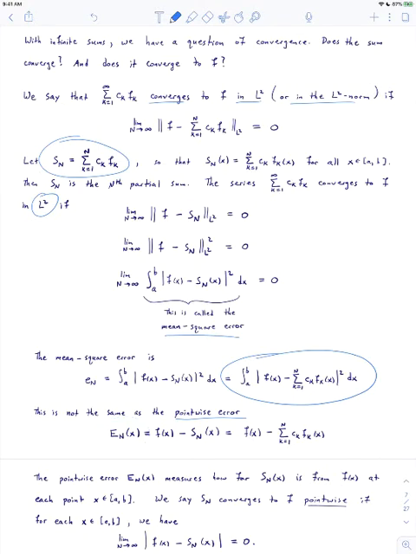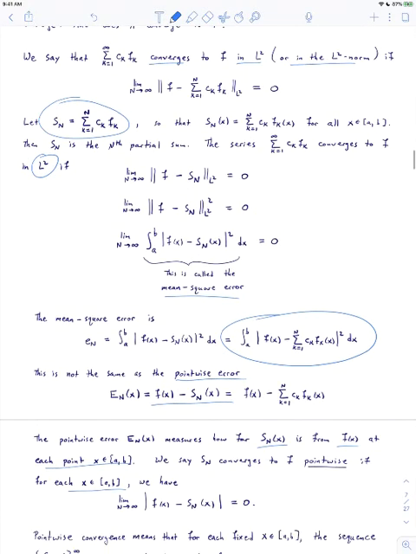At each x you measure the difference between f at x and Sn at x at a given point. The pointwise error measures how far Sn at x is from f at x at each point. So you say that Sn converges to f pointwise if for each x this pointwise error goes to 0.